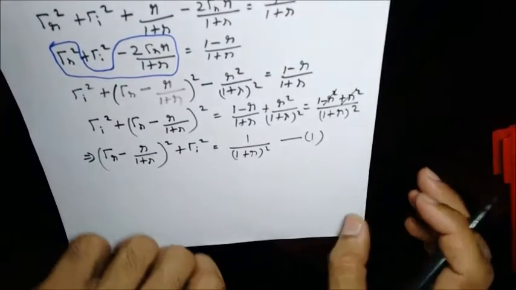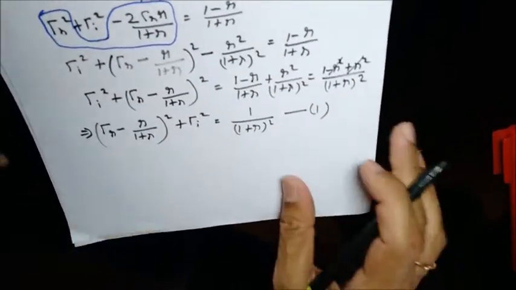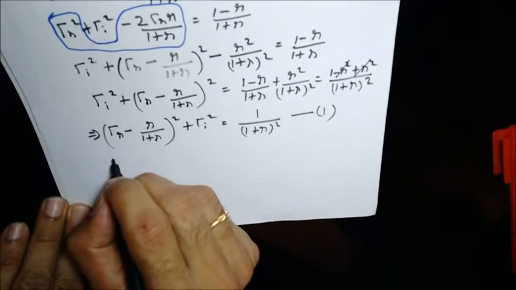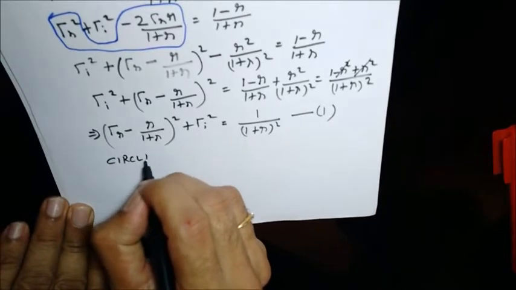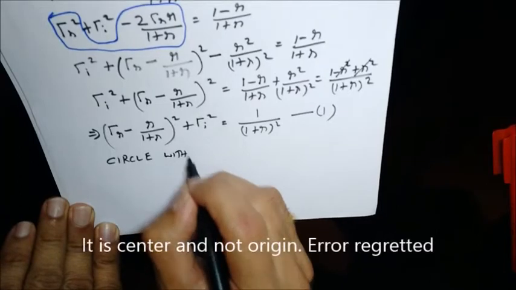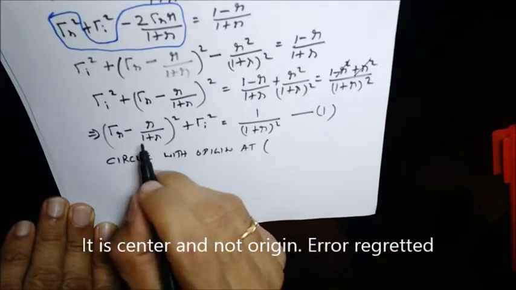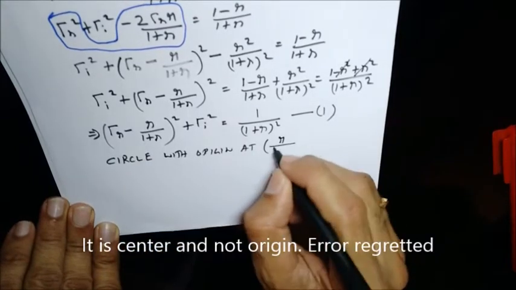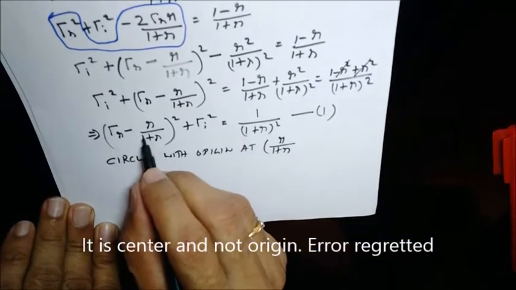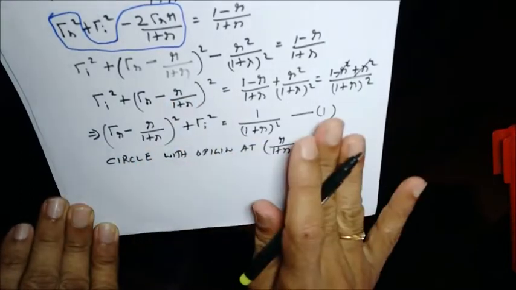It's an important equation. And what this equation is, if you look at it very carefully, is the equation of a circle with origin at r by 1 plus r, that is on the gamma r gamma I space.